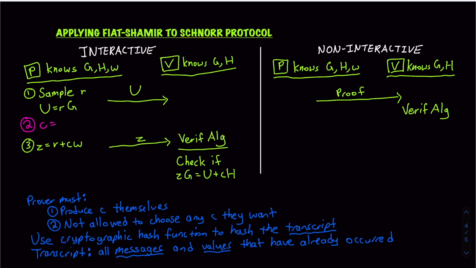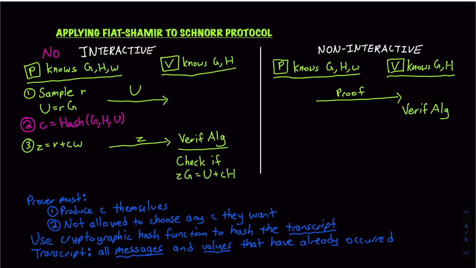What do we mean by everything before? Well, in the interactive protocol, the prover has already sent U, so that definitely counts. It's also really important to include the public parameters that everybody knows from the start. So in our case, that also means G and H, because both the prover and verifier know these values before the protocol begins. So putting it all together, the prover now calculates C as the hash of G, H, and U.